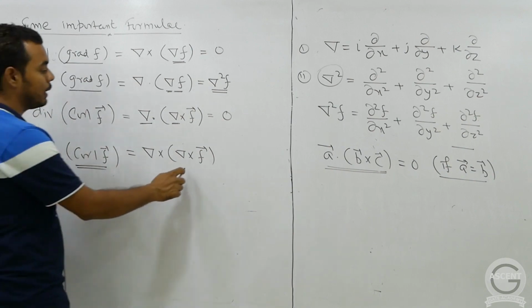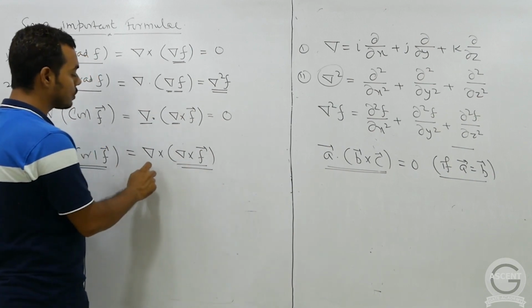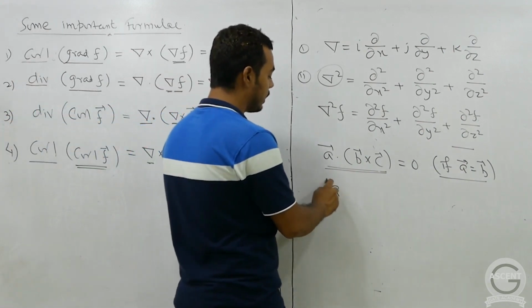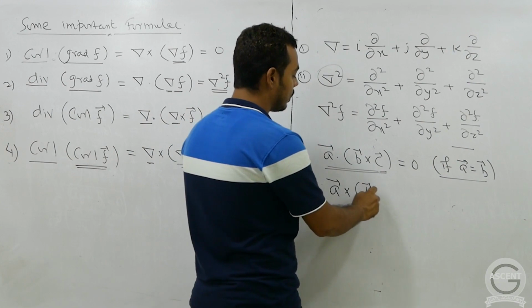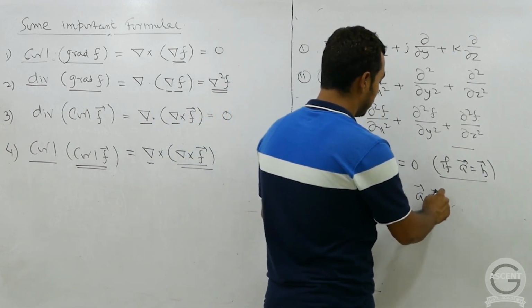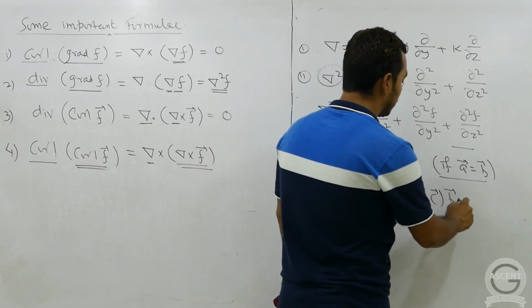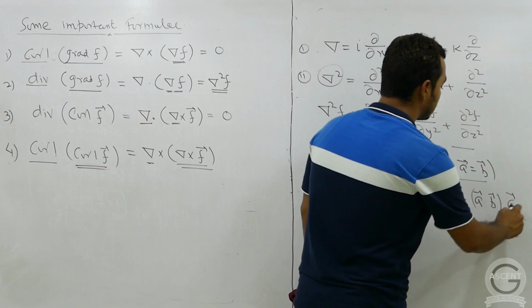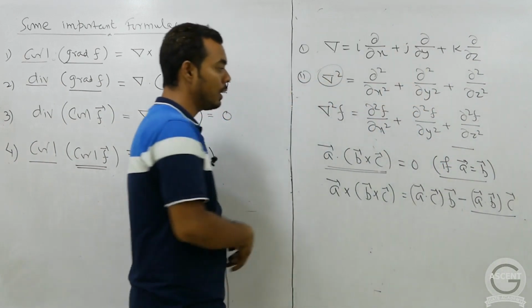So curl of f will be del cross f, and then again curl, so del cross del cross f. Now here we need to apply the concept of vector triple product. A cross b cross c was a dot c into vector b minus a dot b into vector c, right? This was the formula for a cross b cross c.